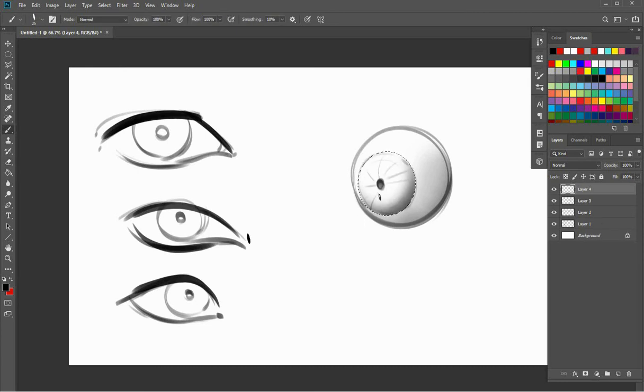The surface of the cornea is slightly raised. The cornea pushes outward and changes the eyelid shape.